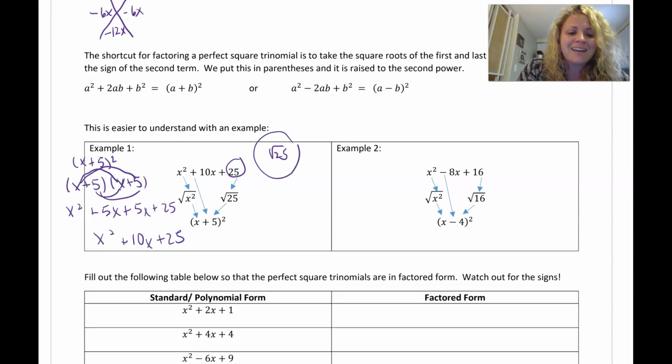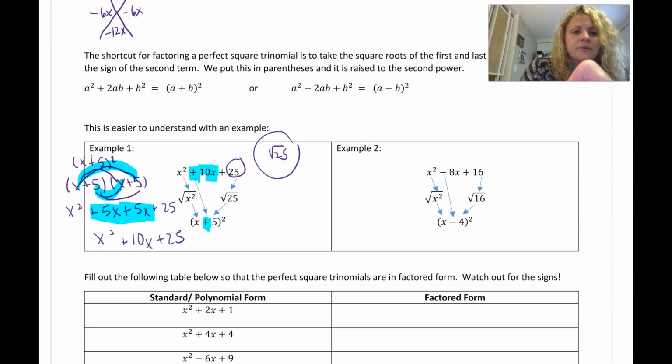Also, the sign, the fact that this is positive, where the sign shows up is when we multiply our outer and our inner terms. So it's when we do x times positive 5 and positive 5 times x that we get these two plus 5s. So the fact that this is a positive 10x tells me that when I put this in factored form, it will be addition.